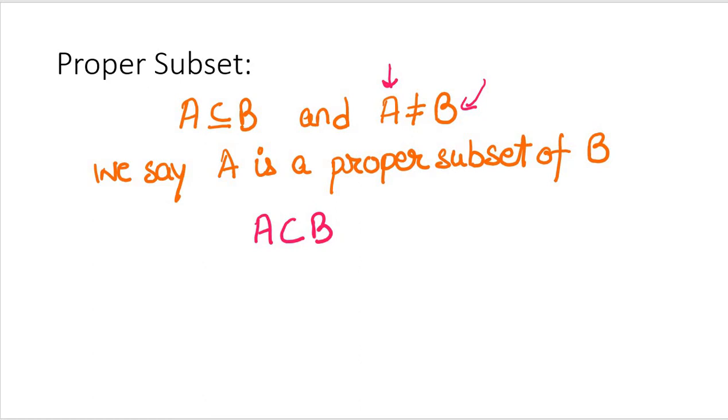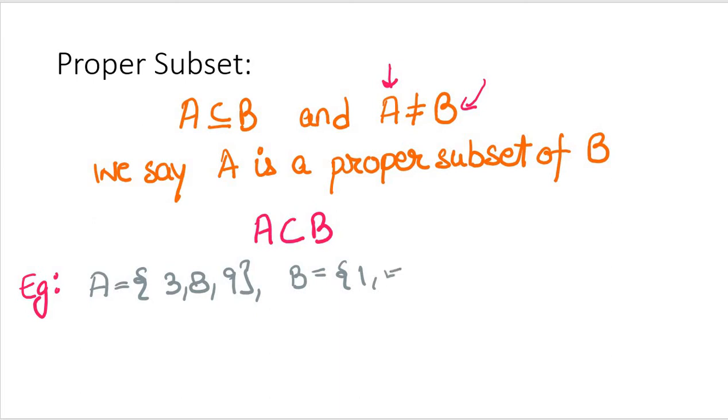Right. For example, let's take a simple example for the sake of understanding. I have A equals 3, 8, 9. Then I have B equals 1, 5, 6.